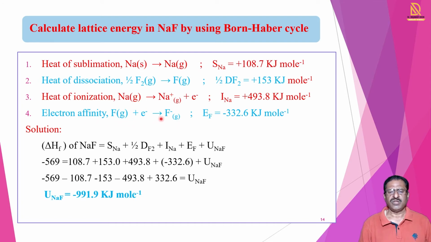Fluorine gas is converted to fluoride ion, and that energy is the electron affinity for F, and that value is minus 332.6 kilojoule mole raised to minus 1.